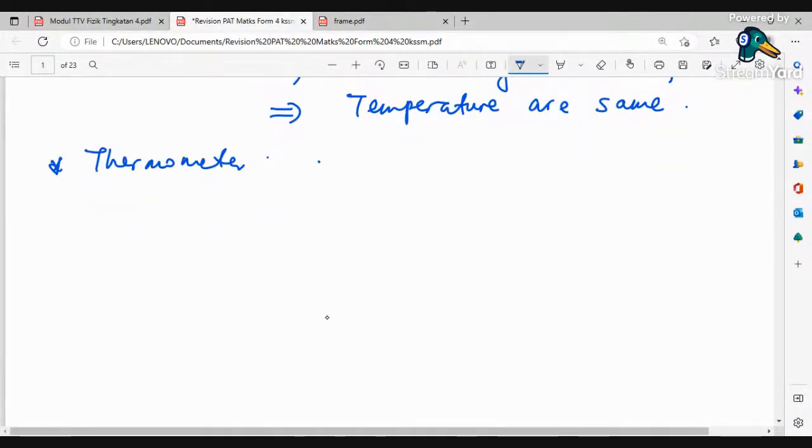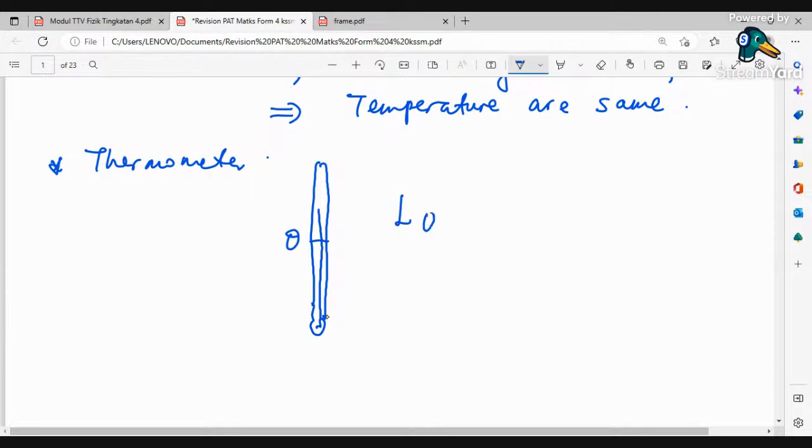Now the formula to calculate. There is a formula to calculate the temperature theta of an unknown liquid.